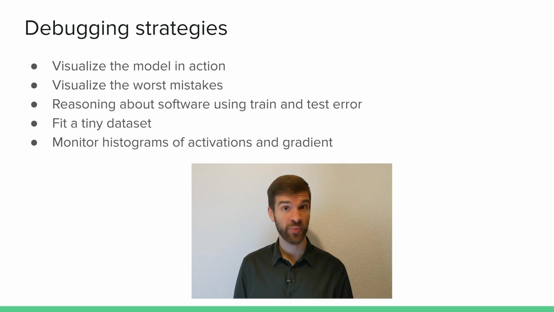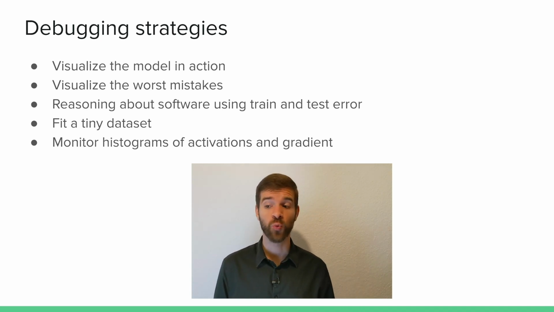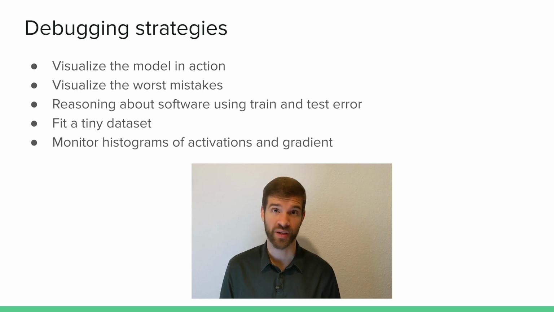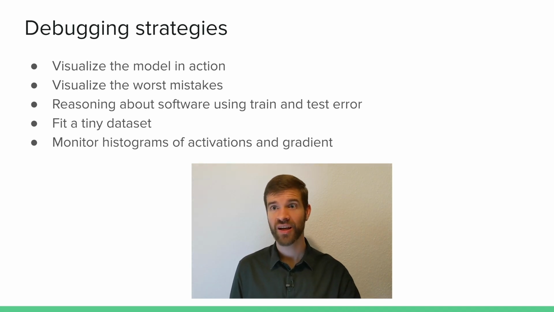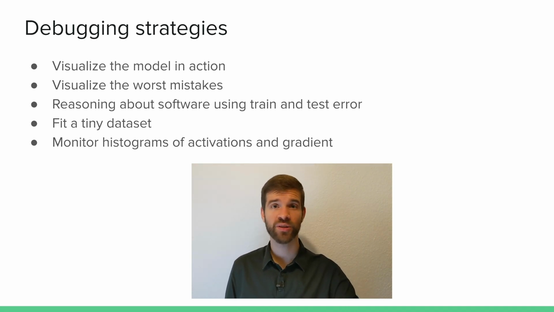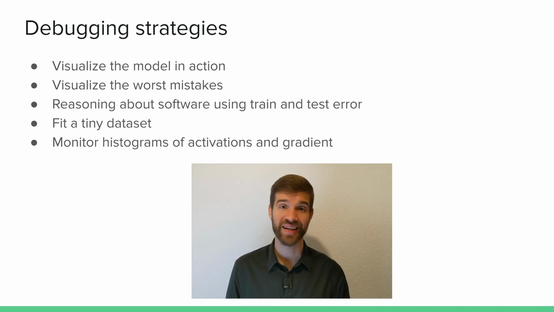What can also be very helpful is if you visualize the worst mistakes that the network makes. So if you have a classifier, please create a directory and give me all the samples that were misclassified. I have one example where I was training a neural network to do classification on manually annotated data, and it turned out all of the error cases that the network produced were actually human annotator errors.